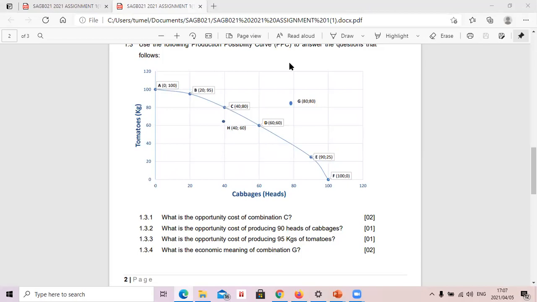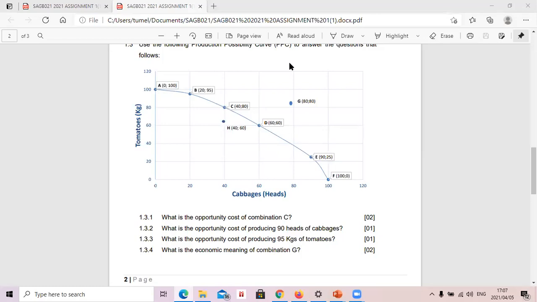Yes, I just wanted to ask if we are supposed to show the calculations. Yes, you can show the calculations, but they are not going to mark them. They are only going to mark your interpretation, saying the opportunity cost of combination C is 60 heads of cabbages and 20 kgs of tomatoes. 1 mark for 60 heads of cabbages, and then 1 mark for 20 kgs of tomatoes.